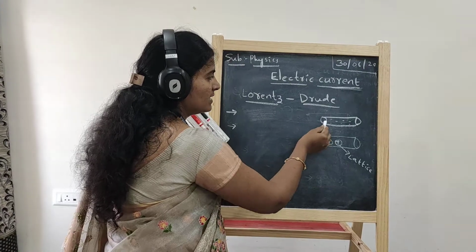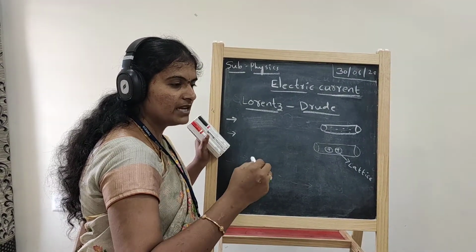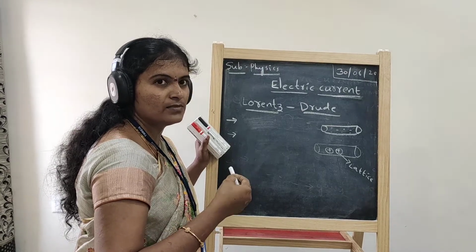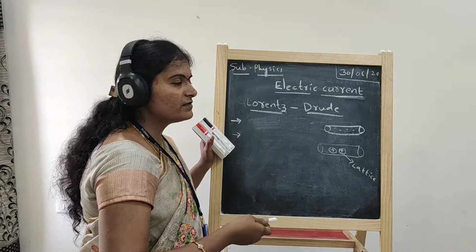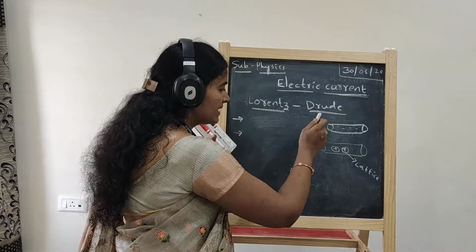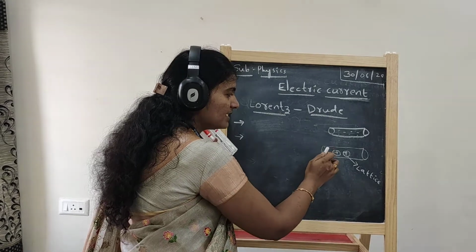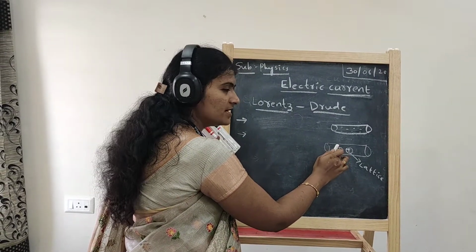This is the first point. What is the first point here? In a conductor, the free electrons, conductor means a large number of electrons are available, so those electrons will move in random directions. And the second point, in a conductor, the positive charge of an atom is located at the center.